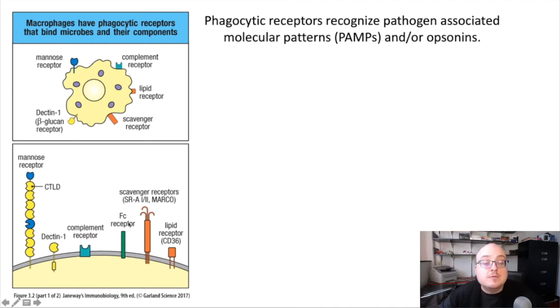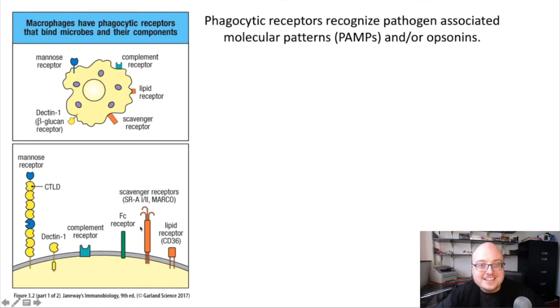So remember that antibodies can serve as opsonins in their own right. And so when antibodies opsonize targets, they are recognized by FC receptors on the surface of phagocytes, which allow for their internalization. So this is how macrophages and other phagocytes recognize targets that we want them to eat, and so all of these things can be considered eat me signals.